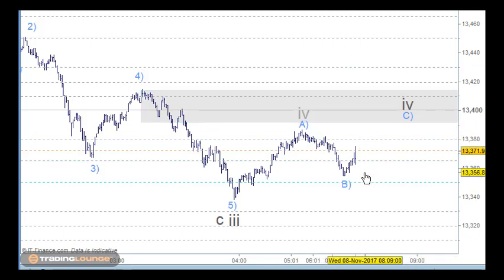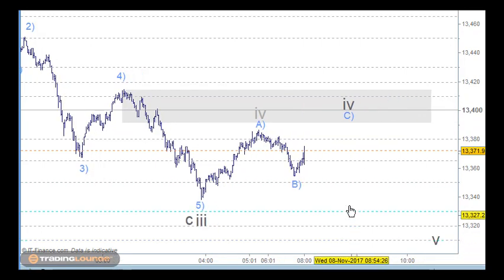So we can look for a little 5 wave structure up to this point here, but I could say that if we get a nicely tested support on 13,400, then we can start looking on the long side.